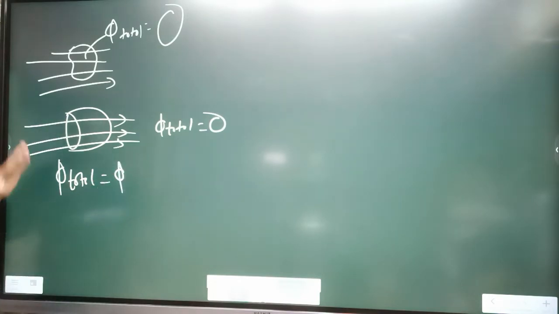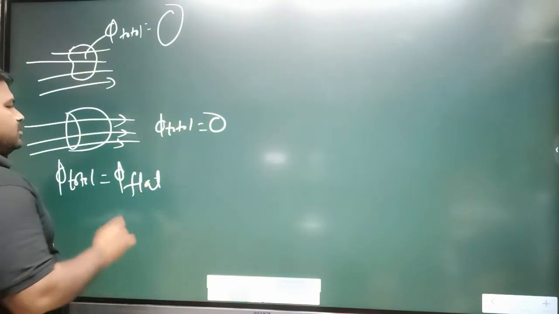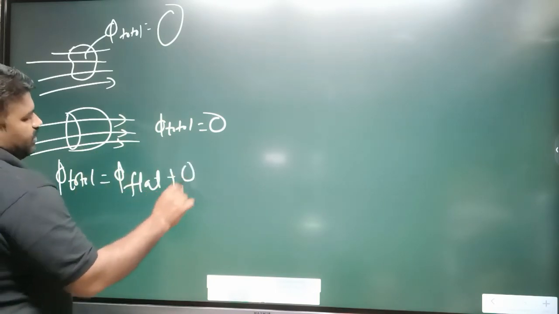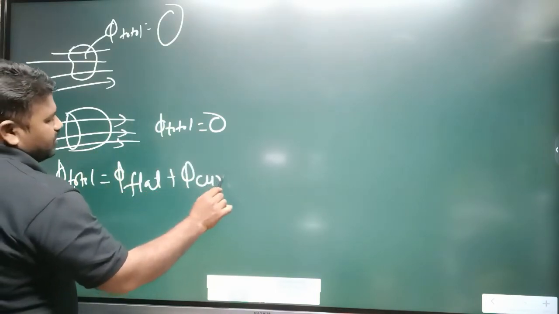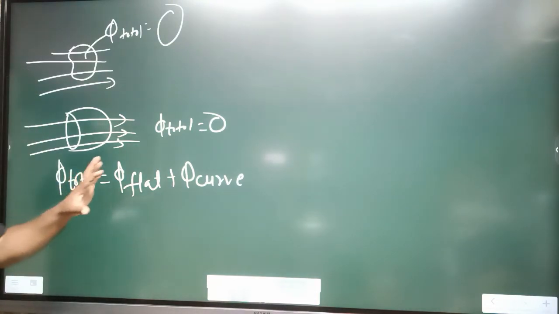Phi total is equal to phi of this surface. Which type of surface is this? Curved, sir. Flat surface. One is a flat surface, one is a curved surface. Yes sir. They ask how much flux is passing through the curved surface.